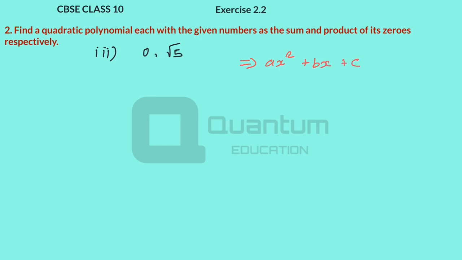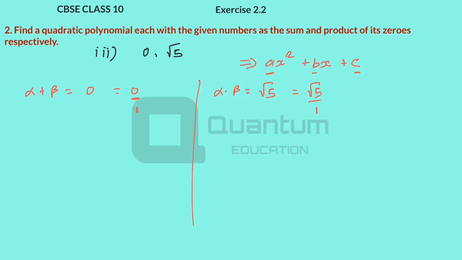For that we need the value of a, b and c. Here we have alpha plus beta, the sum of zeros, that is 0, and the product of zeros, alpha into beta, that is root 5. So we can write here 0 upon 1 and here root 5 upon 1.